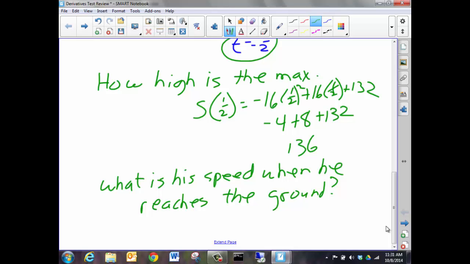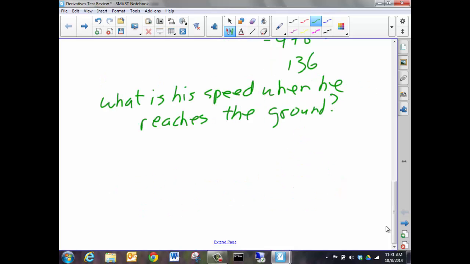We have to know the position. Very good. Position equals 0. Because remember, we started off at 132 up in the air. So we're going to set the position equal to 0. Negative 16t squared plus 16t plus 132 equals 0.